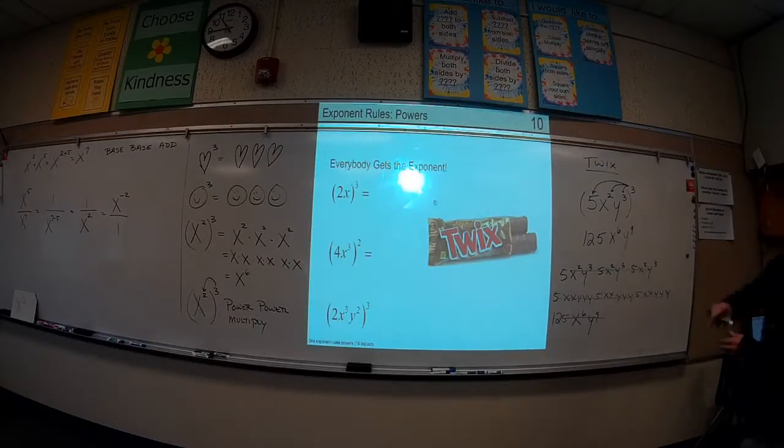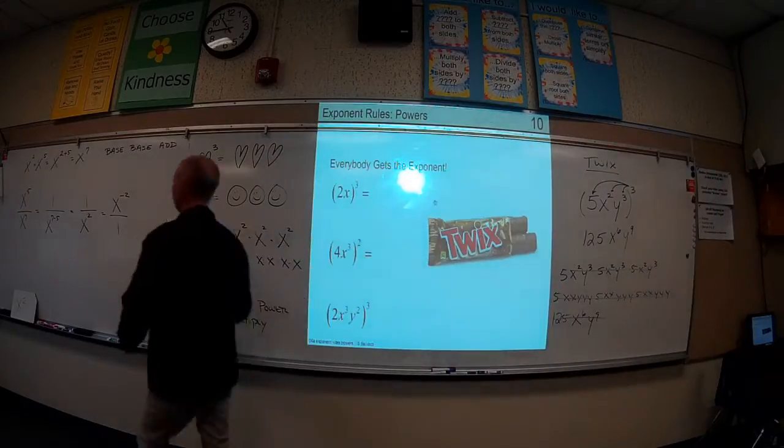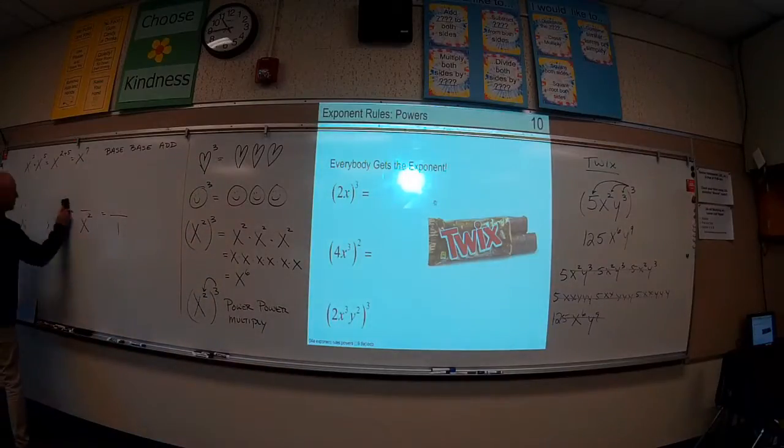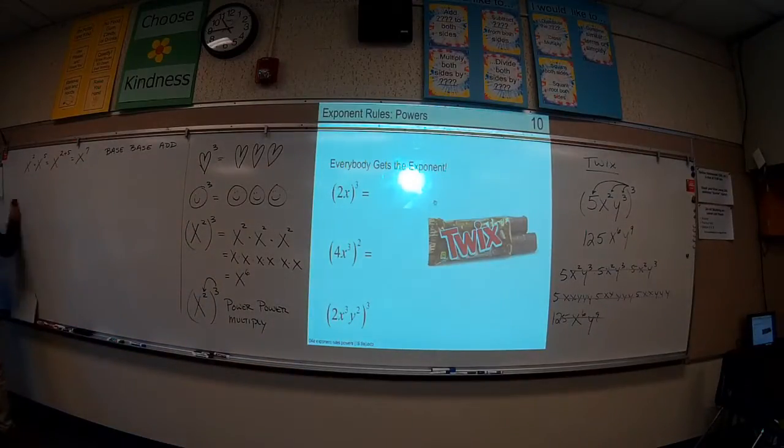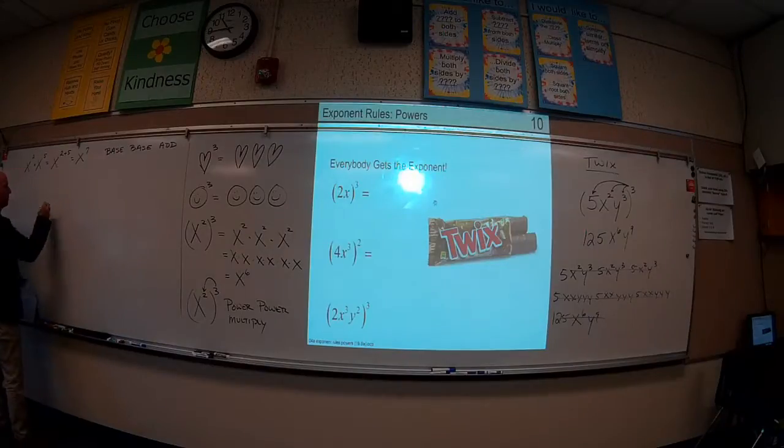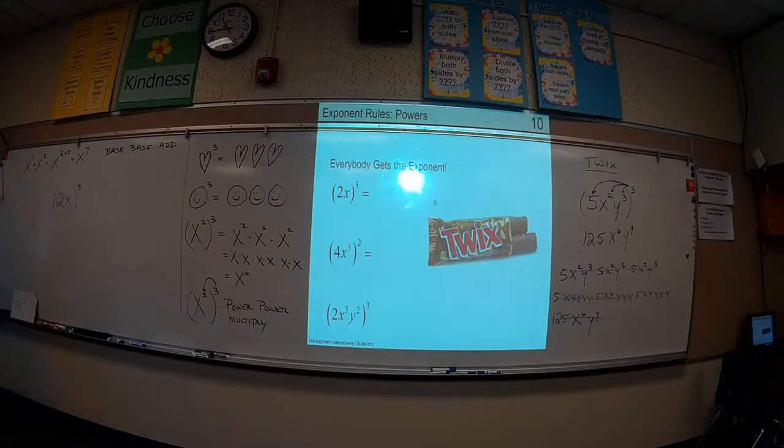Who can, if I make a space up here, 2x to the 3rd, expand this thing all the way out and then shrink it back down? You got this, Brandon?